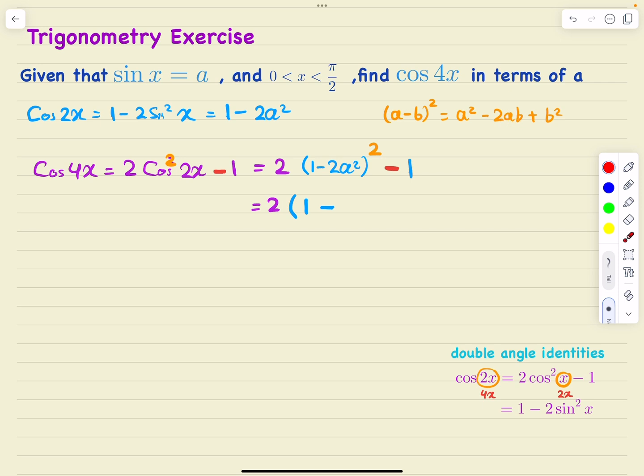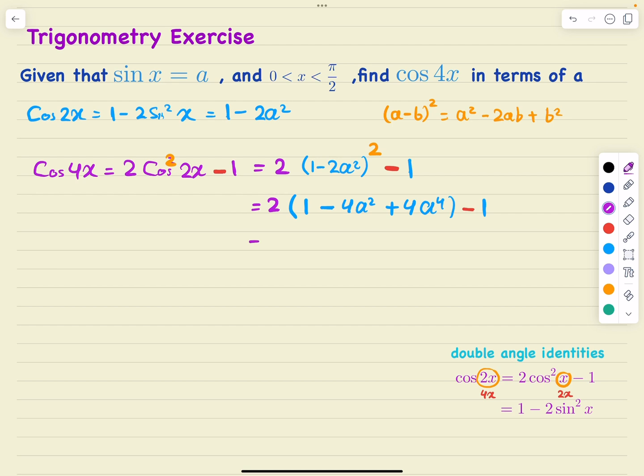So here 2 multiplied by 1 multiplied by 2a squared, so it will be 4a squared. Plus now, as you see here, we have b squared, so it will be this second one squared. If we square this, it will be 4a to the power of 4, and then we have minus 1.